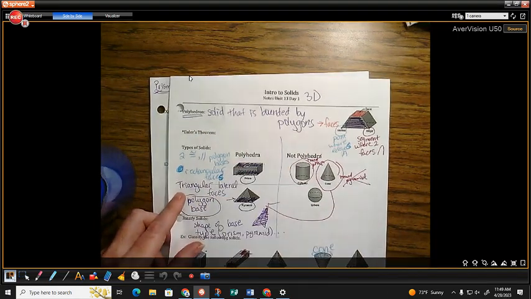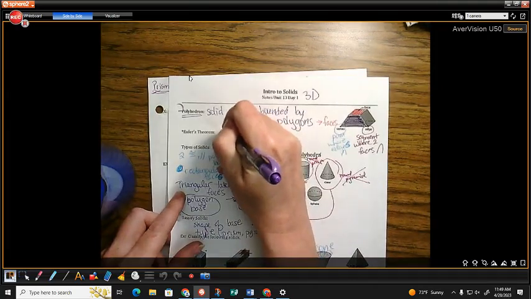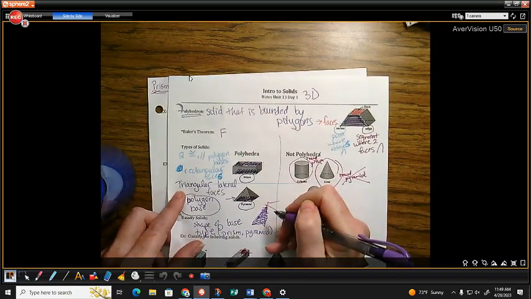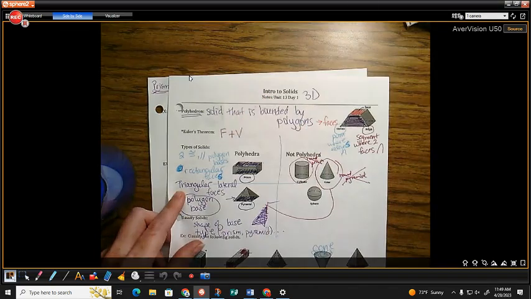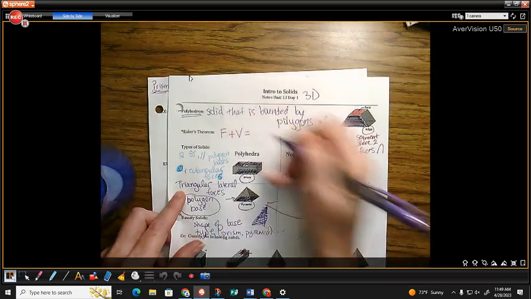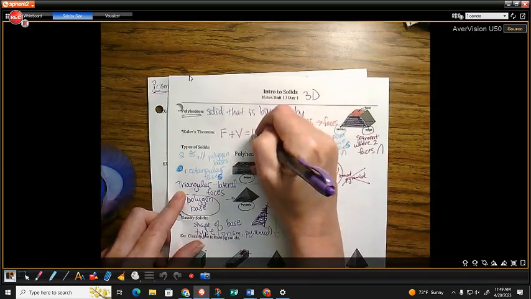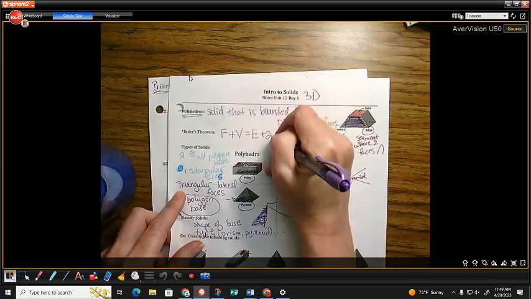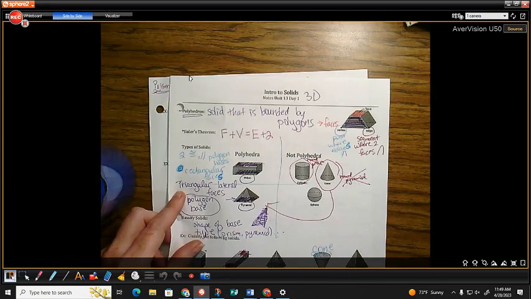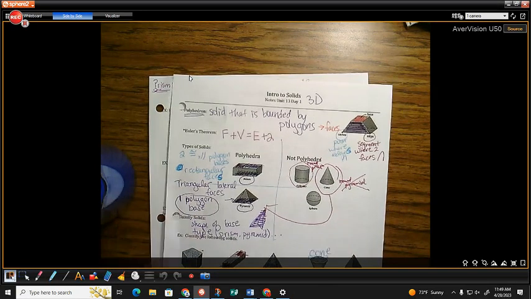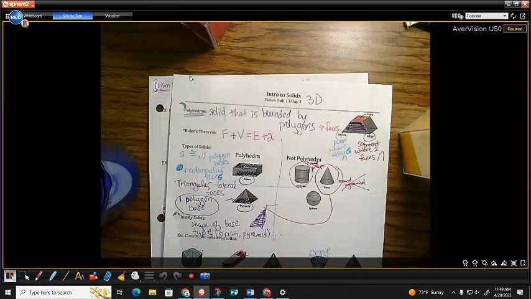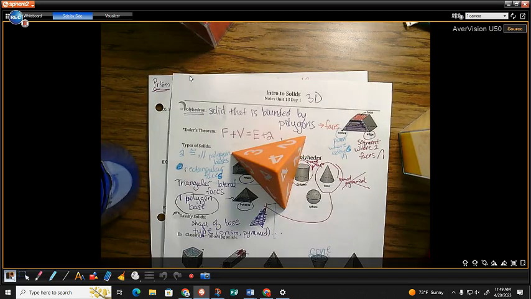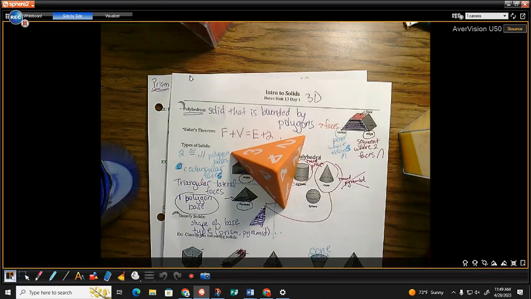His formula says that the number of faces you have, plus the number of vertices you have, should always equal the number of edges you have plus 2. That could be for a prism. That could be for a pyramid.